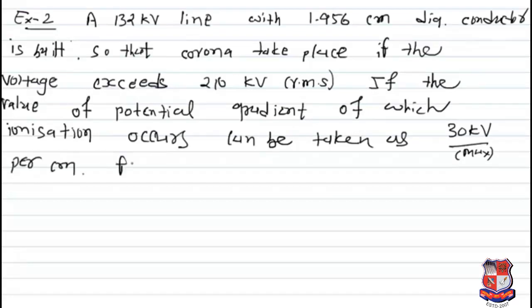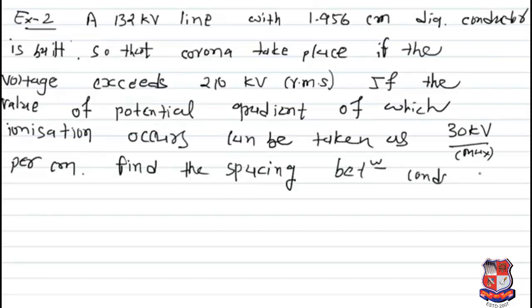So find the spacing between conductors. Assuming M0 equal to 1, delta equal to 1.